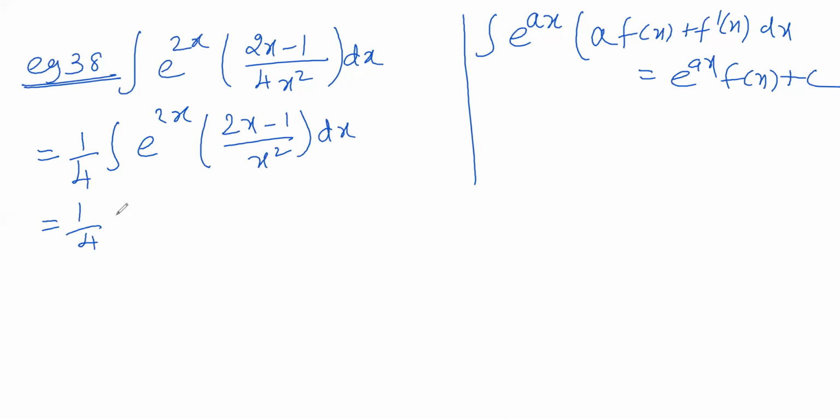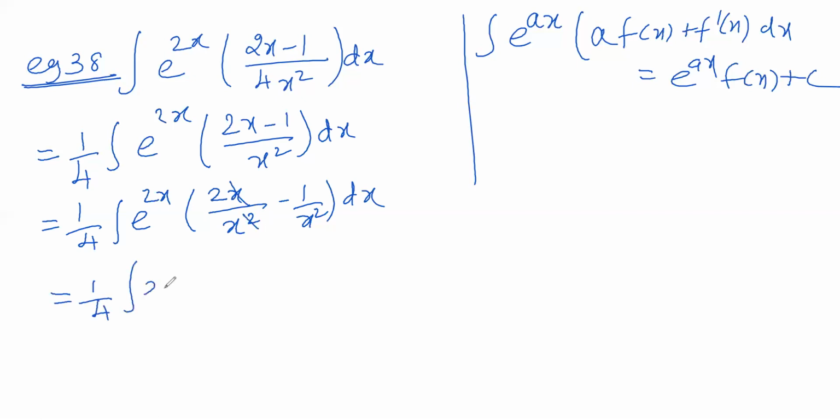We have 1 by 4 into integral e power 2x into, numerator having two terms and denominator one term, so easily we can split into two terms. I am writing 2x by x squared minus 1 by x squared into dx. Here this x gets cancelled, so we'll have 1 by 4 into e power 2x into 2 by x minus 1 by x squared dx.